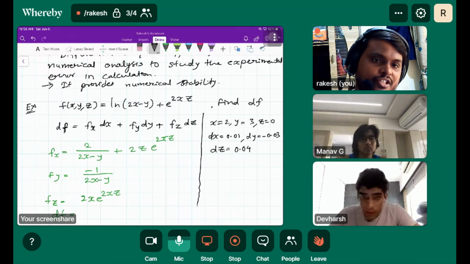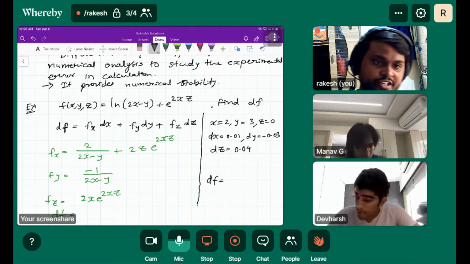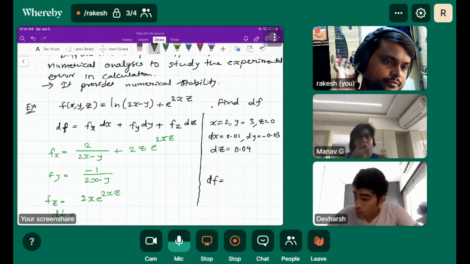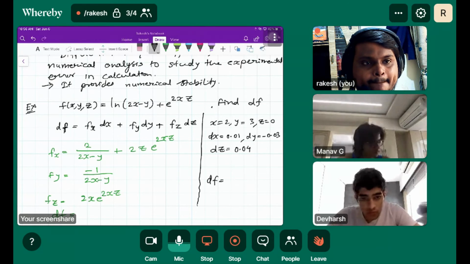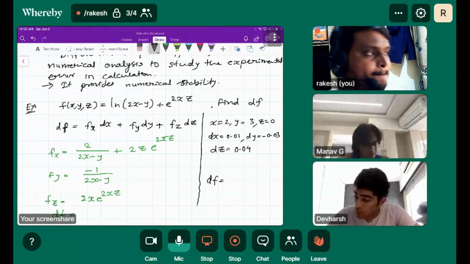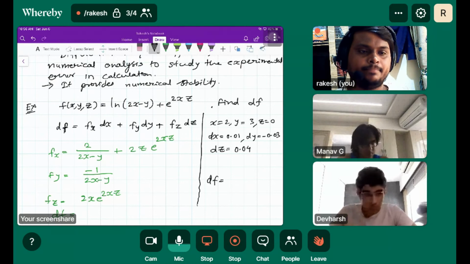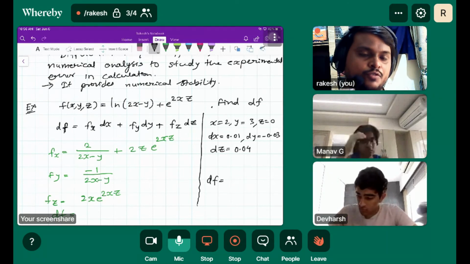We can simply put these values in to figure out df. What would df be? Just calculate it.